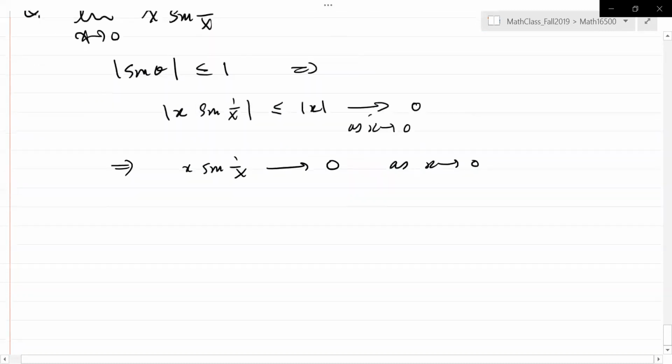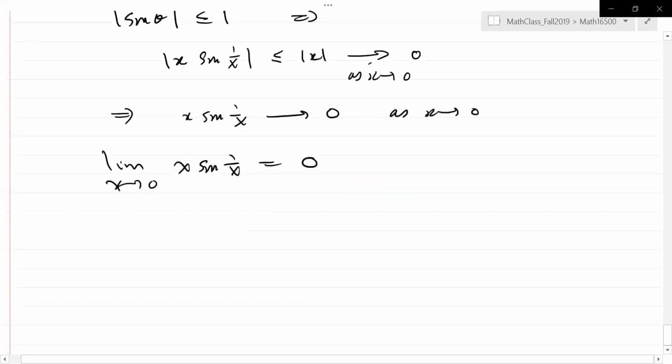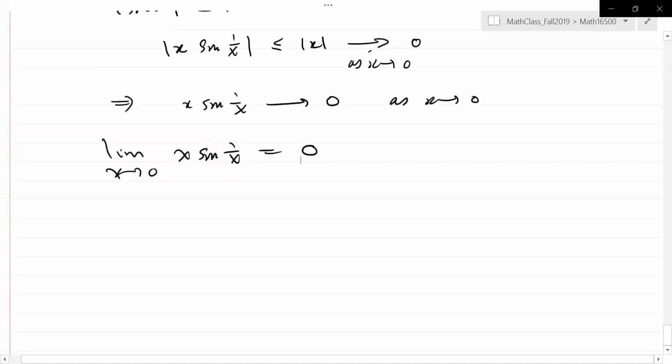Now we're talking about limits involving trigonometric functions. So let's take a look at another important limit.